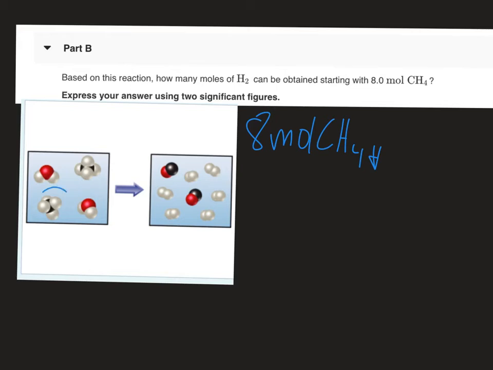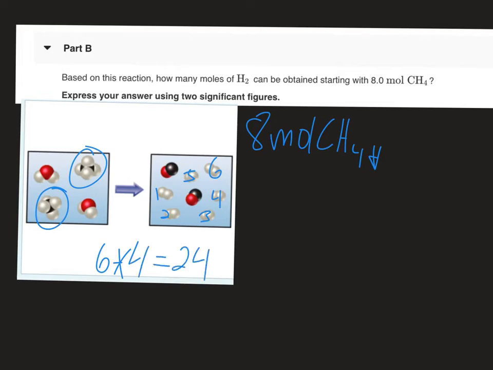Well, if I start with 2 moles of methane, and I can count 1, 2, 3, 4, 5, 6. If I'm starting with 4 times the amount of methane, I should have 4 times the amount of hydrogen. And therefore, you can go it as 6 times 4 to give you 24.